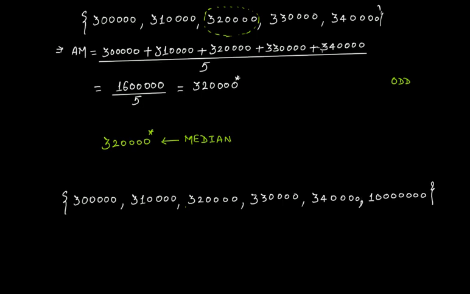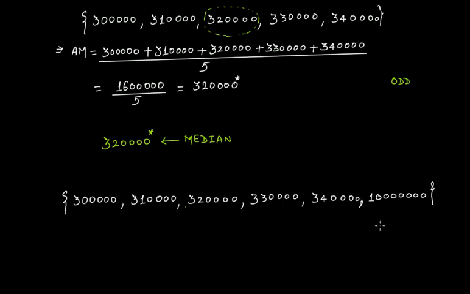Previously we had 5 people, they are here also, but one extra value has been added, of the 6th person who earns 1 crore annually. Now you have to tell the average annual salary for this group of 6 people.